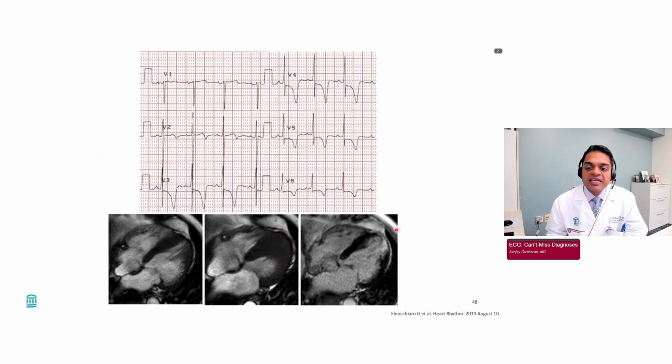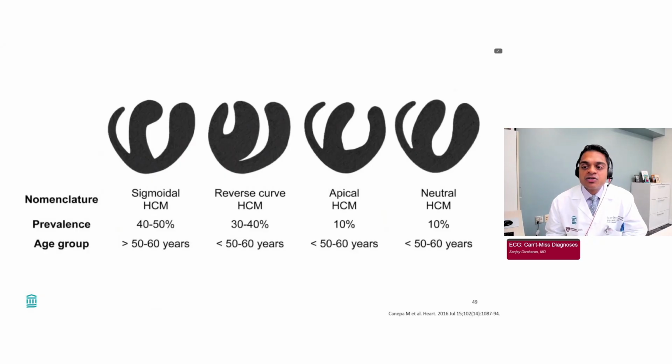And then when you look at the delayed enhancement images, many of these patients will have late gadolinium enhancement in that apical area. So there are many flavors of hypertrophic cardiomyopathy, including what the ventricle looks like in terms of the pattern of the hypertrophy, as well as the prevalence and the ages, as well as the probability of having a sarcomeric variant or positive genetic testing.